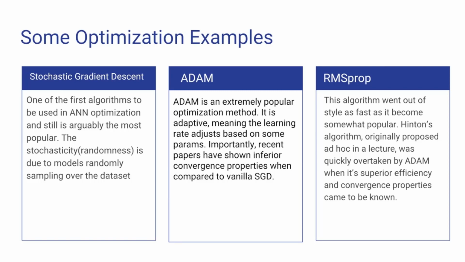So next we have the Adam optimization function, and this is just a bit of a tweak on stochastic gradient descent, in which we have an adaptive learning rate based on some parameters that are adjusting your training. And one really important thing to keep in mind, and this has been researched more and more last year and this year, the convergence properties of Adam are not as great as they at first seemed.